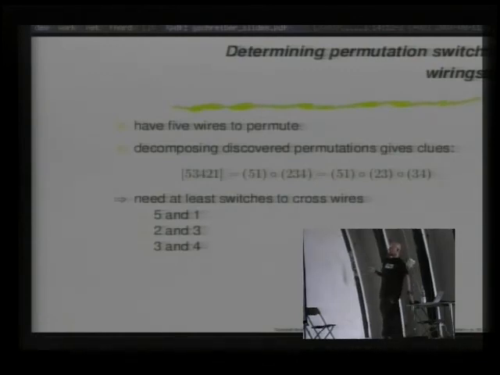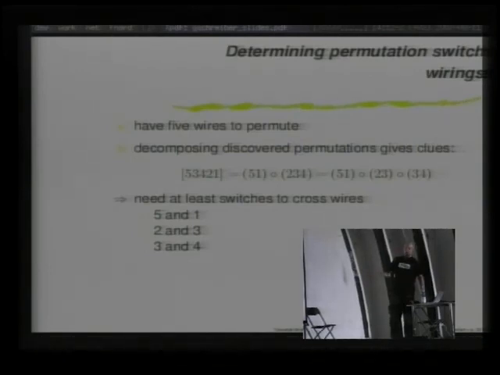The mathematics is not exactly important, but the important part is that you can decompose the permutation here into 3 transpositions, and that way you can deduce that the machine will have to be able to cross wires 5 and 1, 2 and 3, and 3 and 4 in order to implement this permutation.